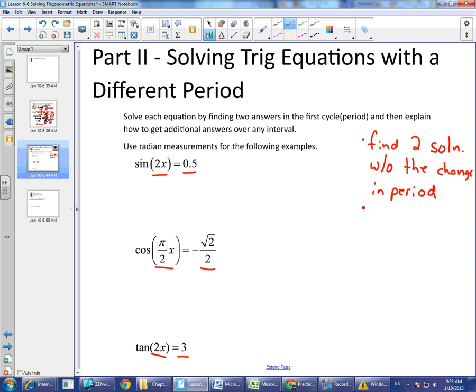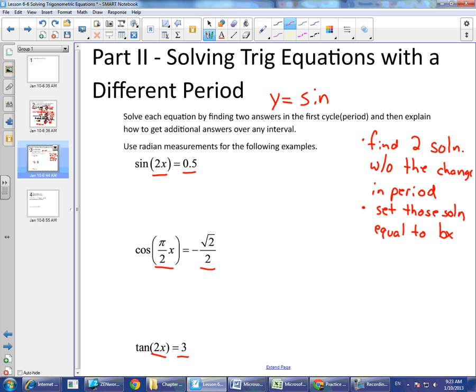Step 2: set those solutions equal to the bx. Back in the previous section, we called the number that I multiplied my x by my b value. So I'm going to find my two solutions without the bx first, and then set them both equal to bx. And then we'll talk about how to get more solutions.